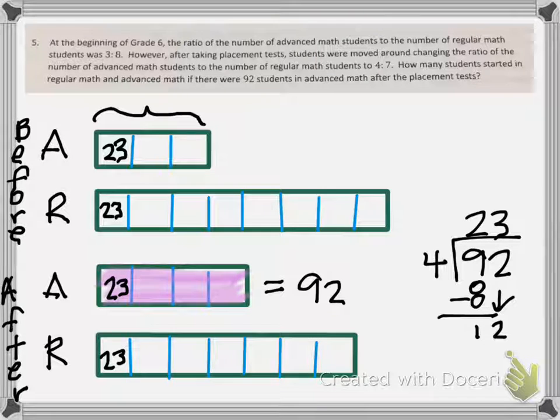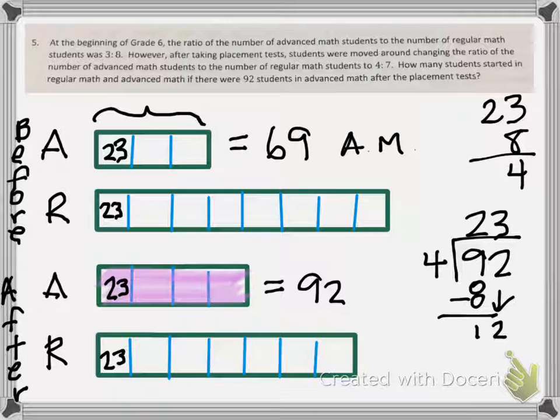So 23 times 3 is going to give me 69 advanced math students, and then 23 times my total number of boxes here is 8, so 23 times 8 is, I don't know, I got to do it. 23 times 8. 24, carry the 2, 16 to 2 is 18, so it's 184. So we have 184 regular math students.